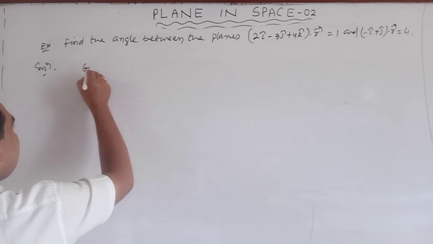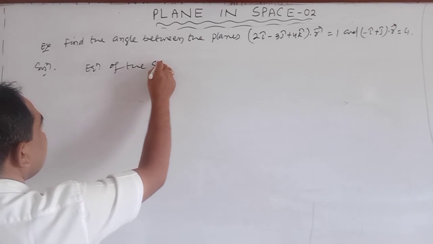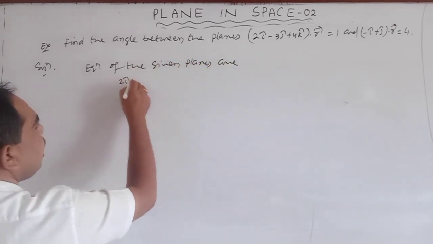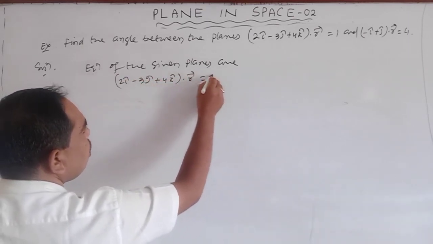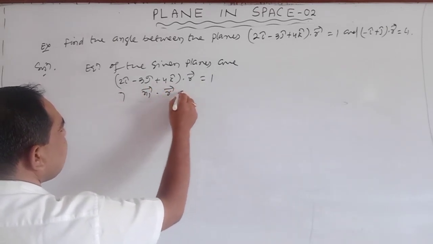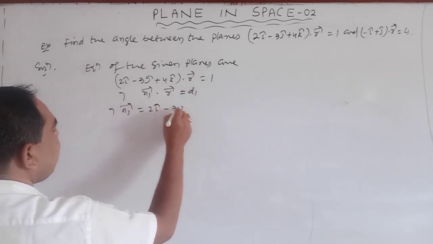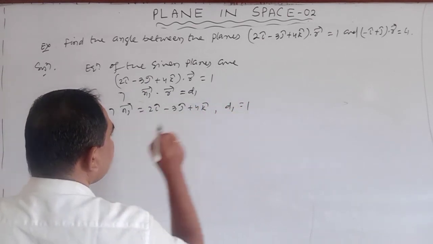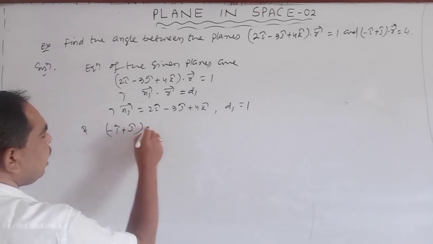Given equation of the given planes are 2i minus 3j plus 4k dot r is equal to 1. This is n1 vector dot r is equal to d1. So n1 vector is equal to 2i minus 3j plus 4k and d1 is equal to 1. Okay, and minus i plus j dot r is equal to 4.